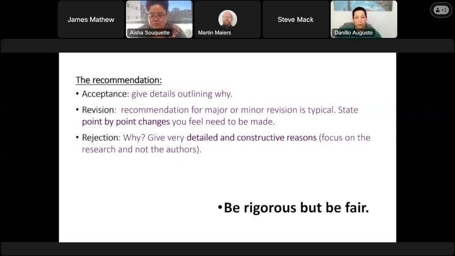And if you are suggesting to reject the paper, also please give details of why you think this paper should be rejected. At least the authors will have feedback or reasoning for why you're saying it's rejected, and the editor will know that you were very careful in your review. You did not reject for just any reason, but provided a justification for that. So in the end, be rigorous, but be fair.